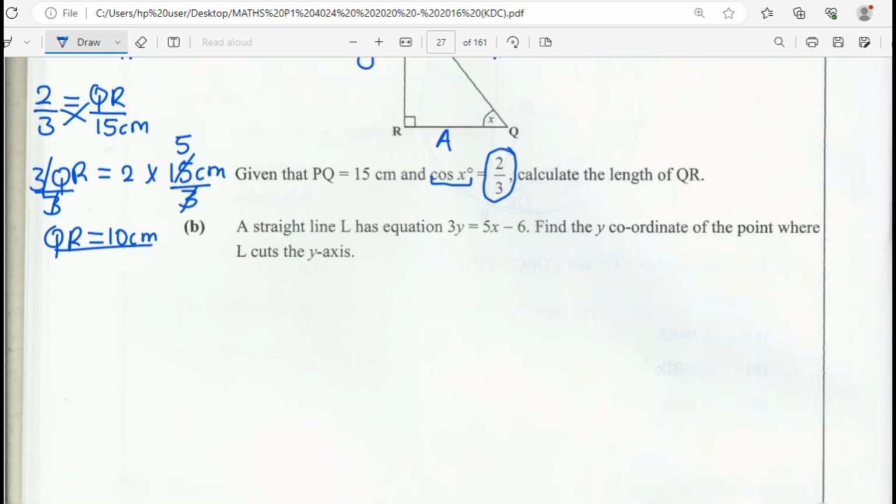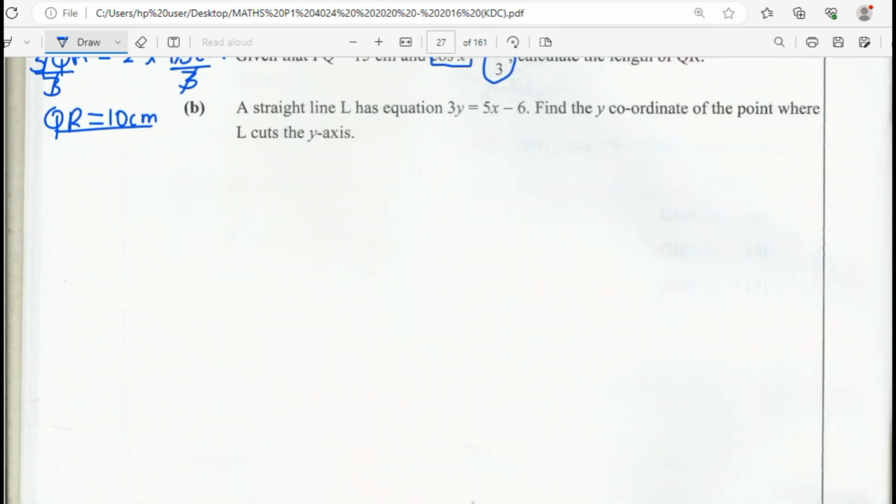Now let's move on to question B. Question B, a straight line L has equation 3y equals 5x minus 6. Find the y coordinate of the point where L cuts the y-axis. Okay, so let's see if we can create a picture here. We have this XY plane, then we are going to have a straight line.